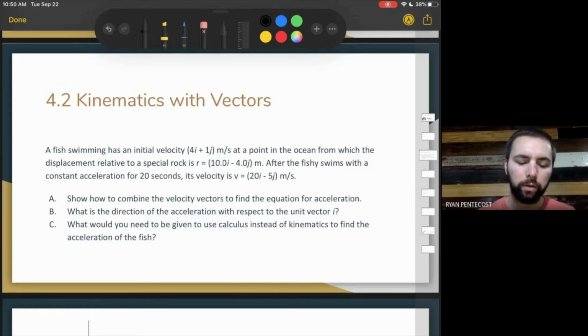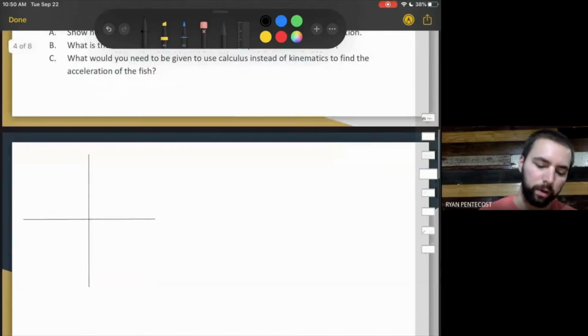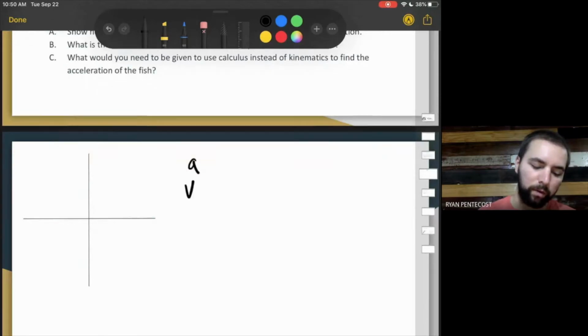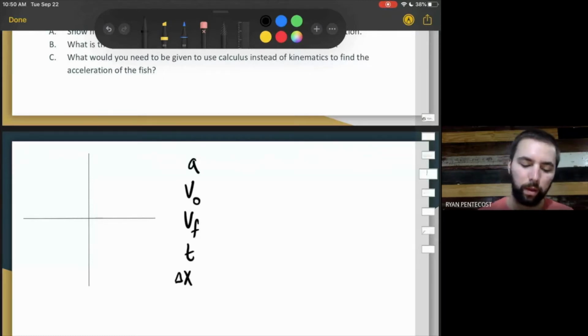A, show how to combine the velocity vectors to find the equation for acceleration. So we want acceleration. We have V naught and V final and time, and we have some arbitrary displacement from a rock, right?